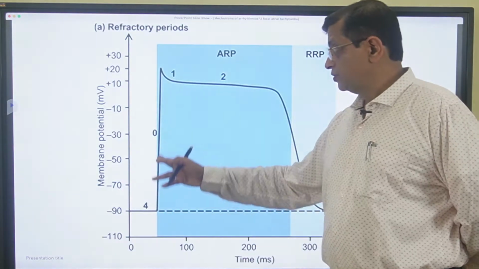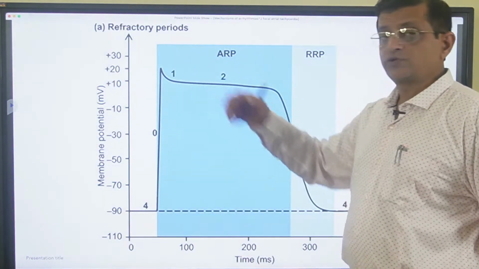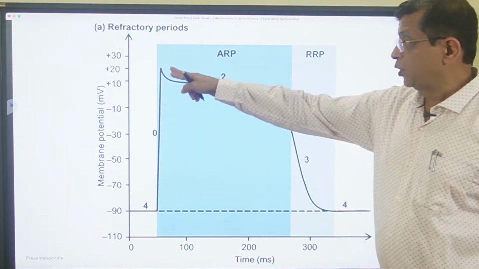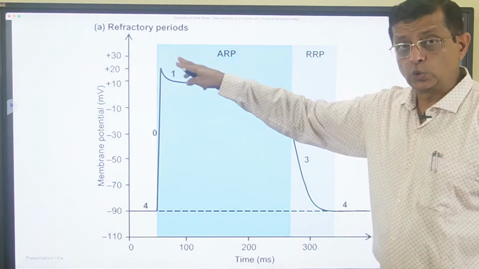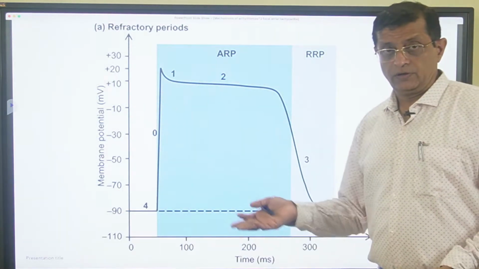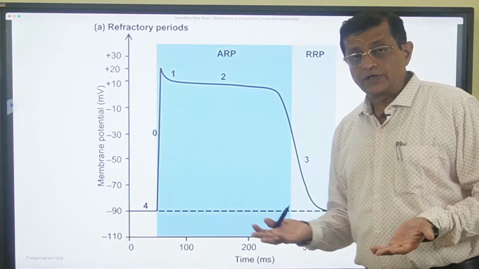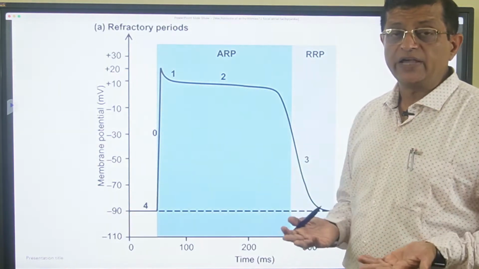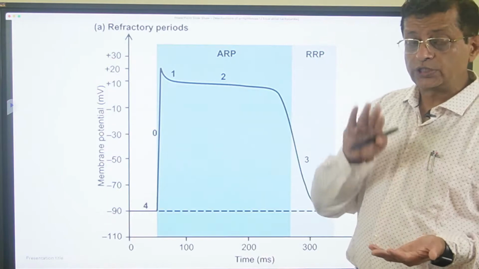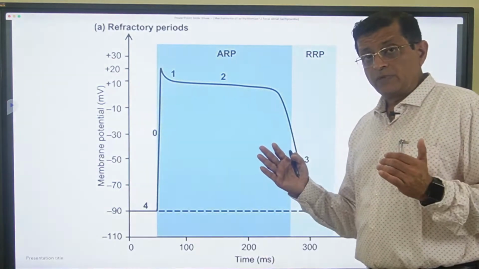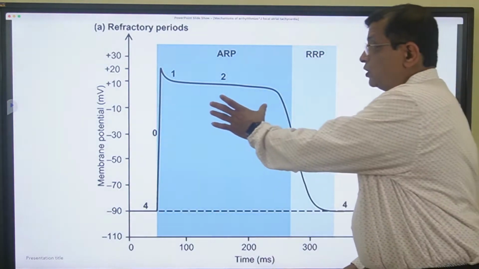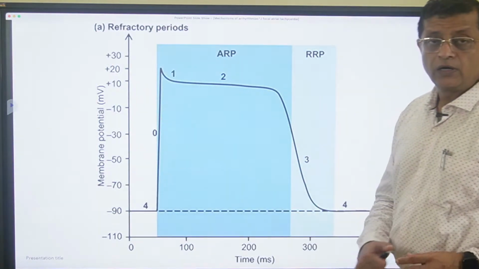The first is the open phase. When the sodium channels open, a lot of sodium comes inside, and at this point the sodium channels close and get inactivated. Once they are inactivated, they require energy to reactivate and return to the closed state. So this takes time, and this time is called the absolute refractory period.